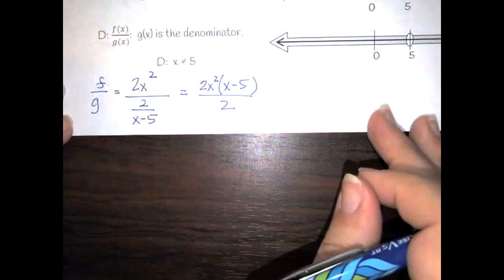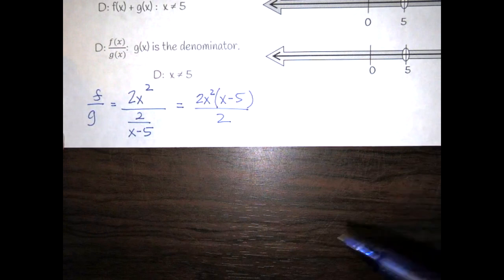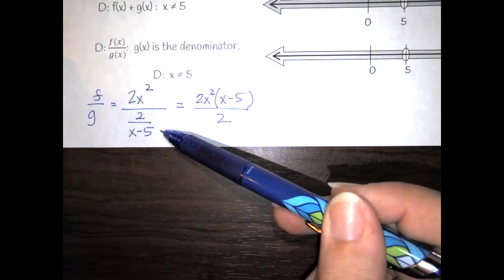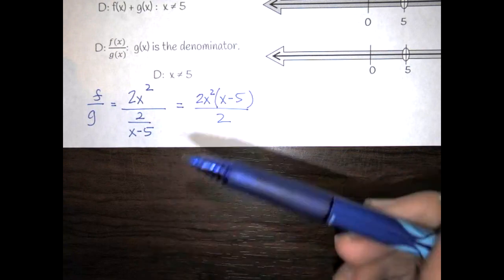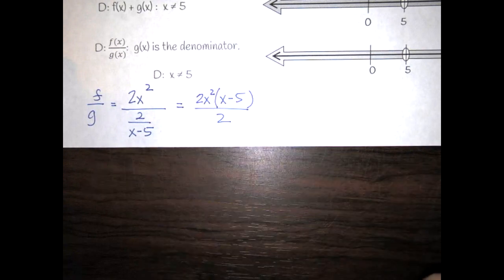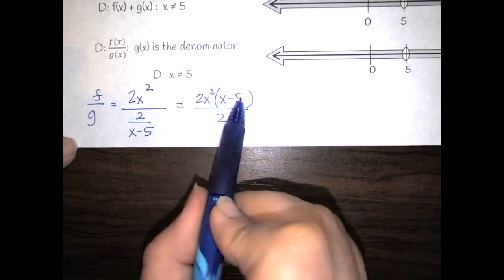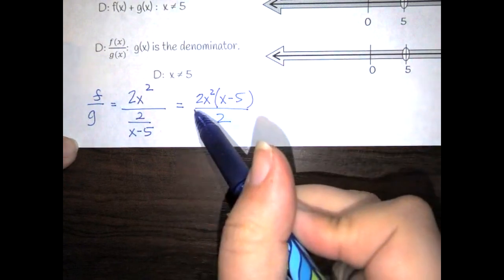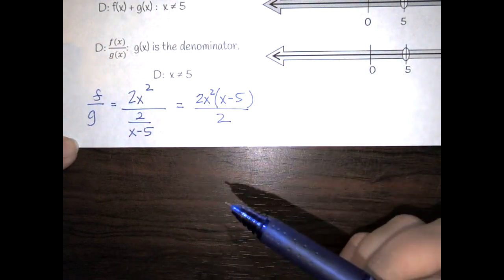Okay? In some instances with Hawk specifically, you might input a problem like this one and get a message that says you are not in simplified form, which means you need to do a little more math. You could go as far as to multiply this through, which means you technically could say it was 2x cubed minus 10x squared.